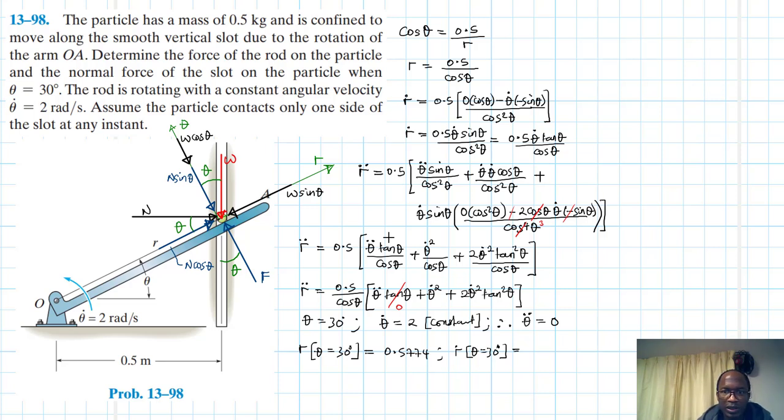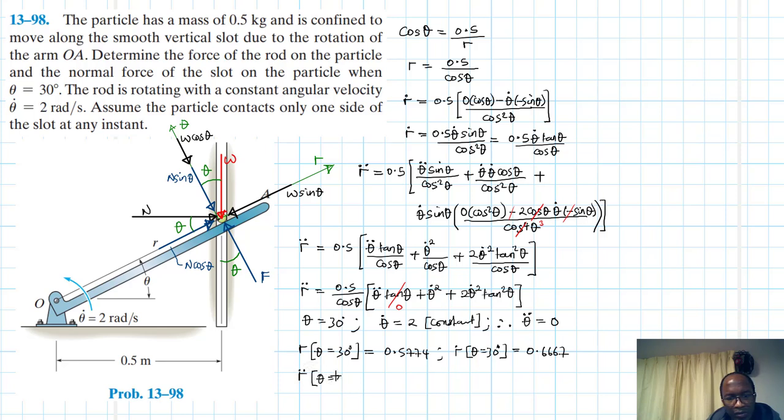So 0.5 by 2 tan 30 divided by cos 30. This just gives us 0.6667.